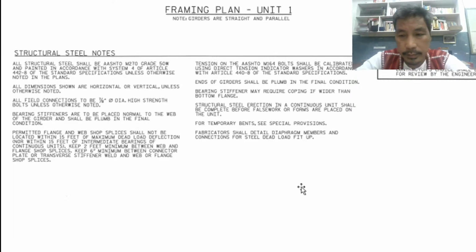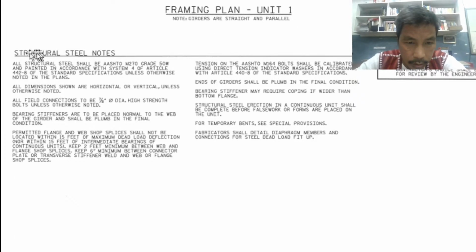So number one, we have at the top, framing plan, unit 1. Note, girders are straight and parallel. So they are all parallel, on the general direction of the bridge.